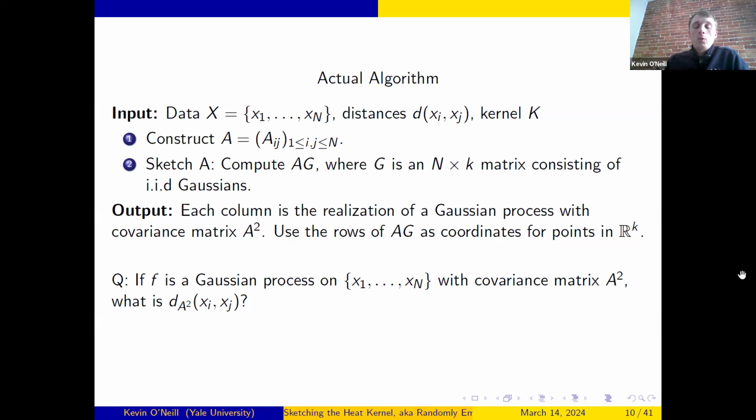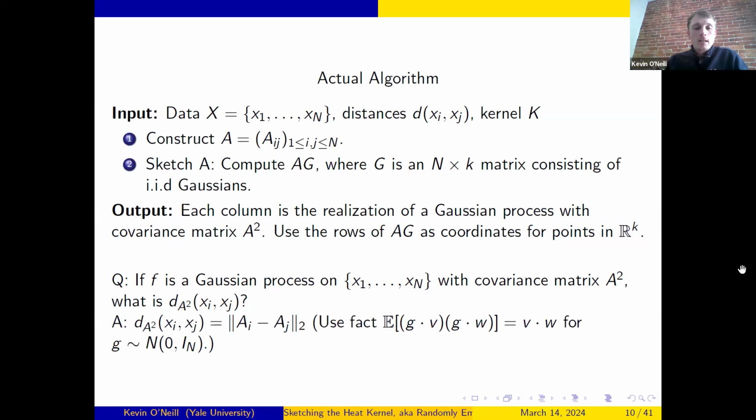We would look at the Gaussian process that you generate by taking the matrix A and multiplying it by an IID Gaussian vector. Then you just expand your squares, and you end up getting the L2 norm of the difference of the rows of A, the ith row and the jth row corresponding to the points xi and xj. It just follows from the simple fact you've probably seen before about expected values of IID Gaussians dotted with certain vectors.